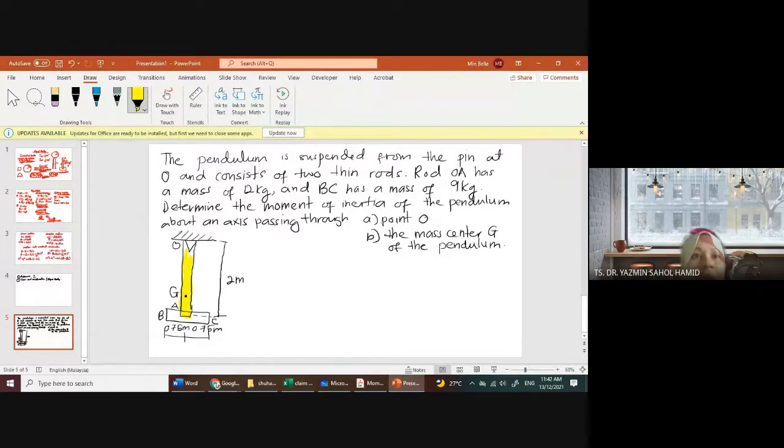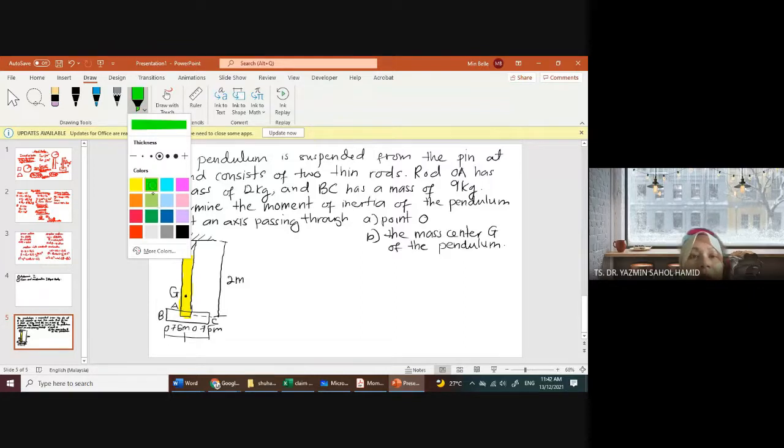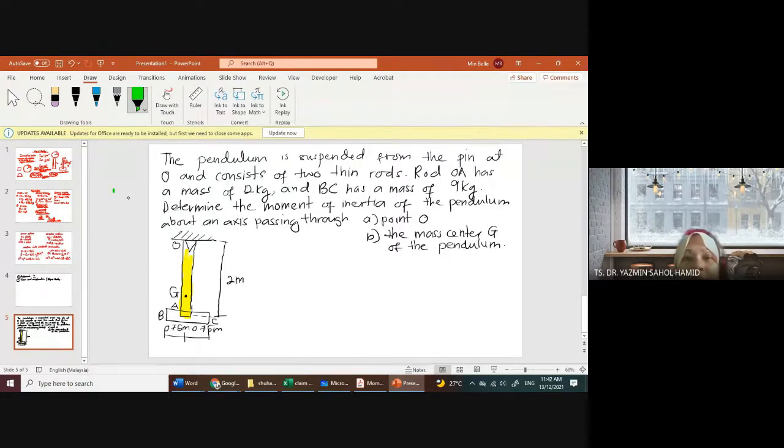Okay, rod OA has a mass of 12 kg, and then BC yang hijau ni has a mass of 9 kg lah. Okay, so ni 12 kg, yang ini 9 kg. Okay, now determine the moment of inertia of the pendulum about an axis passing point O.